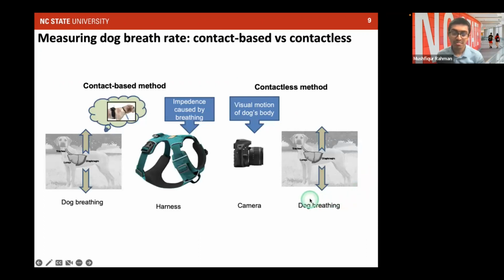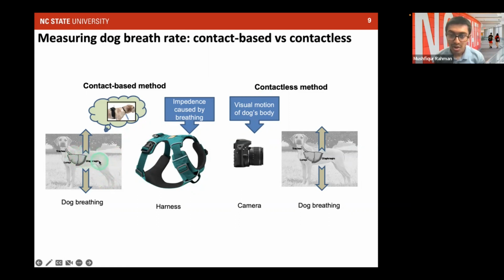Thank you, Timothy. In this slide, we will see how camera-based dog breath rate estimation can work. So there are 2 types of method of dog breath rate estimation. The first one is the contact-based method, and the second one is the contactless method. When a dog takes a breath, there is a visible up-down motion in the dog's lungs and diaphragm region.